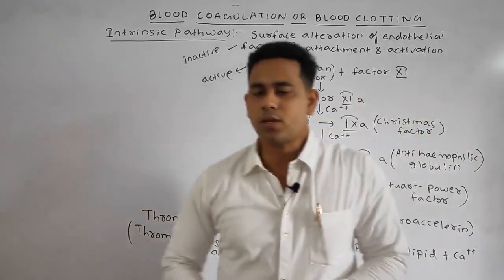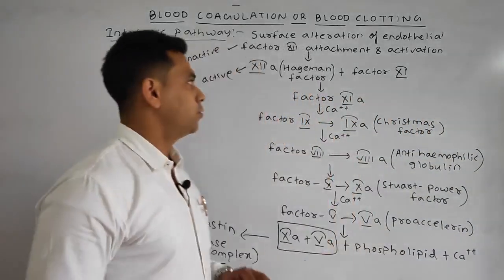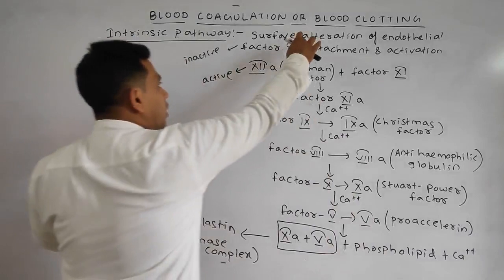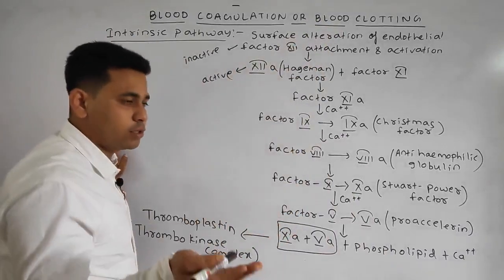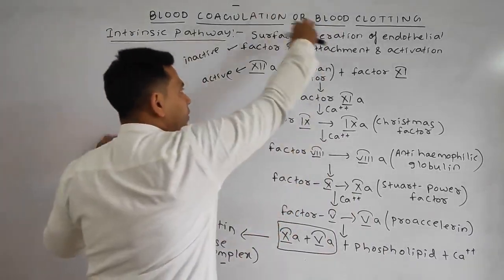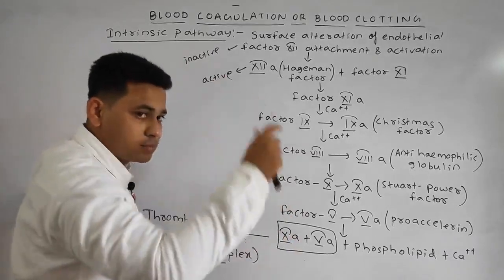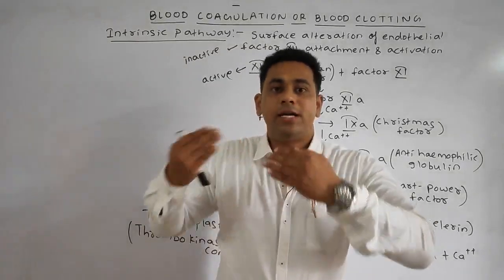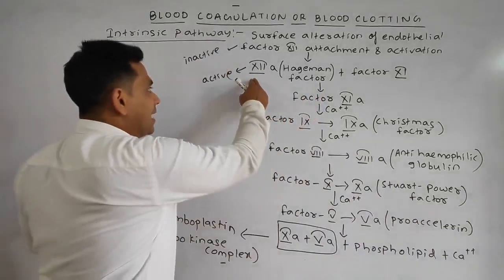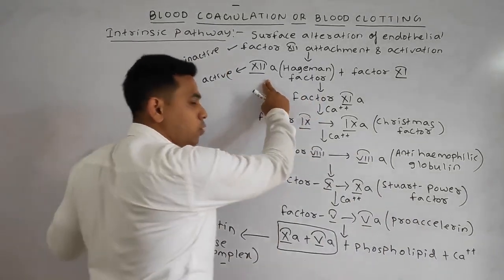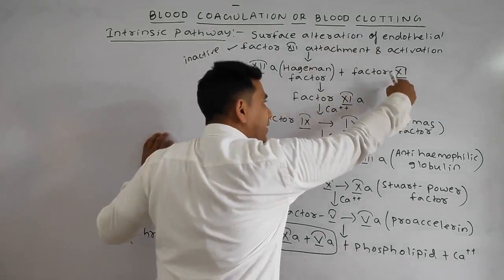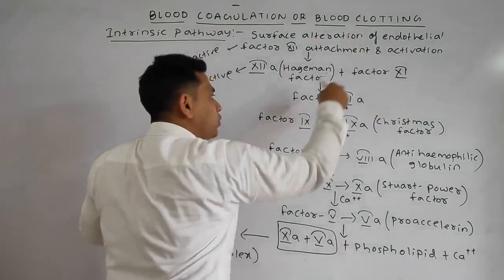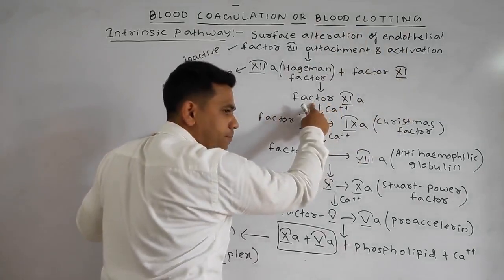Okay students, once more I am telling you: a cut happens, and changes in the endothelial cell take place. Inactivated factor 12 comes and attaches, by which it is activated into activated factor number 12. This activated factor number 12 acts on the inactivated factor 11 to convert it into activated factor number 11.